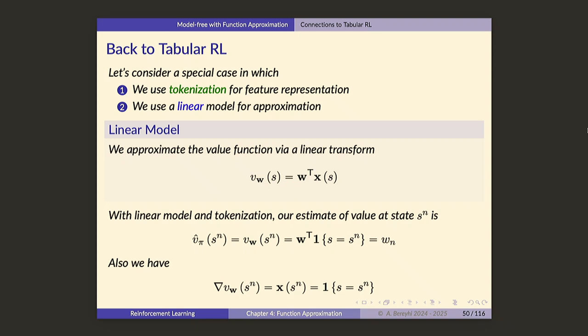So the gradient of v with respect to the weights is simply x, and that x is simply the one-hot vector in this case. Everybody's cool? So you see what we are doing. When we have a linear model, this is our sample gradient of the network, that is the sample output of the network, and when we assume that the representation is done by tokenization.